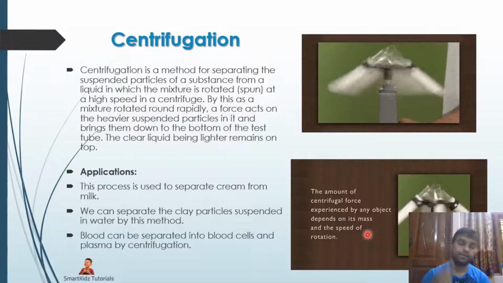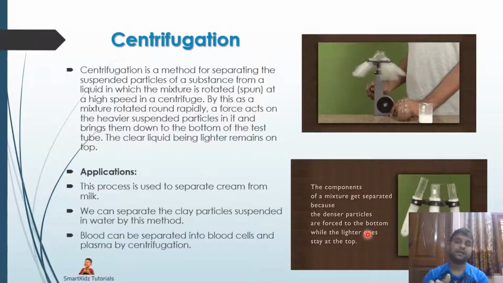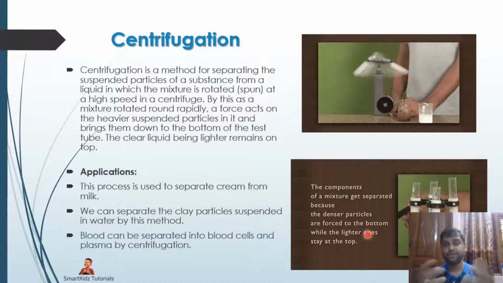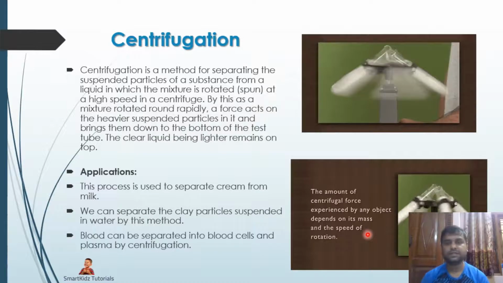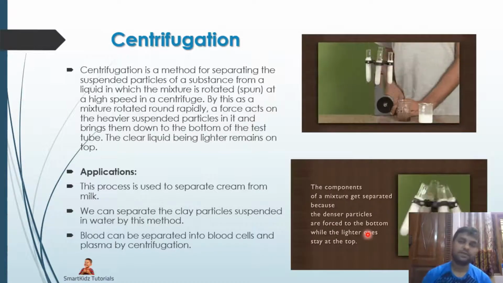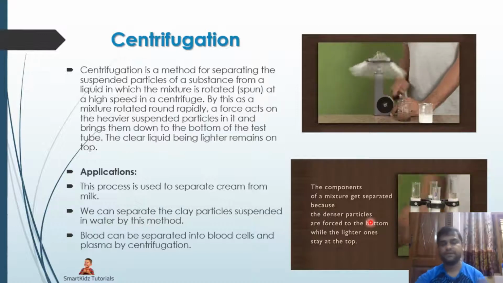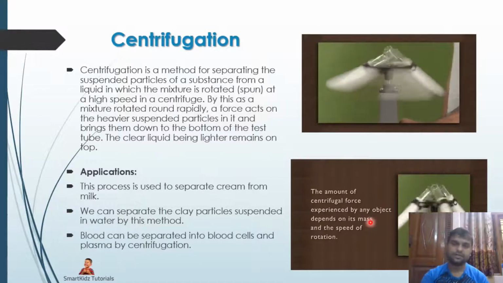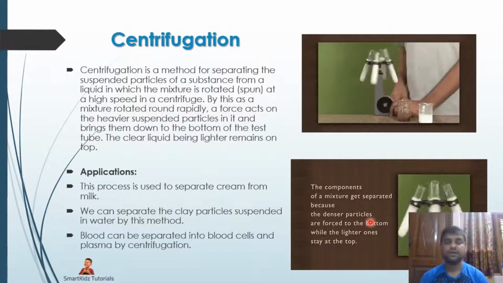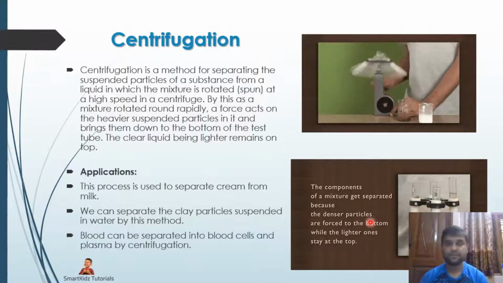When you draw your blood, and if you want to separate out the plasma and the part of the blood which gives you the red color, that means your erythrocytes or red blood cells, you can run it through the centrifugation machine. What you'll get after that is that the heavier red blood cells will settle down to the bottom, and on top you'll have the plasma, which is a clear colorless fluid.